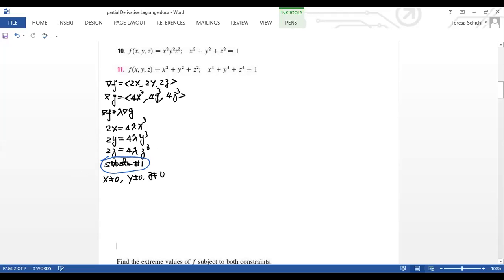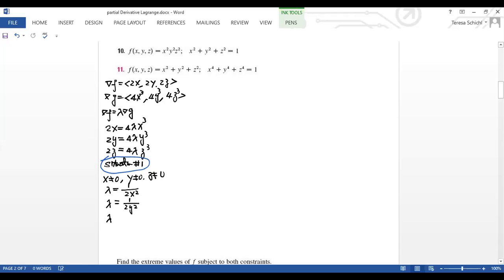If this is the situation, then I can divide. For the first equation, if you divide by 4x squared on both sides, I will get lambda is 1 over 2x squared. The same for the second equation, you can get lambda is 1 over 2y squared, right?